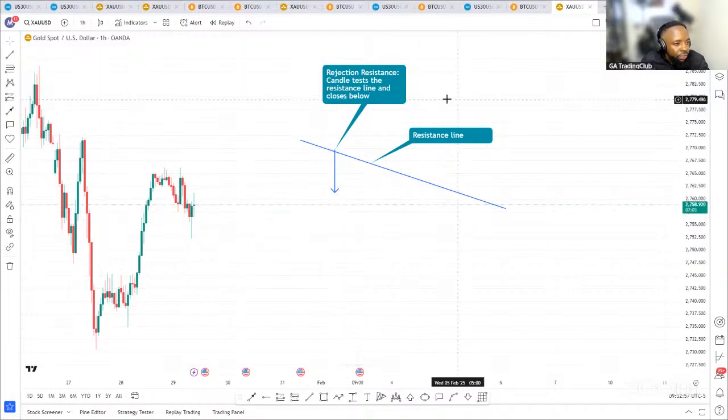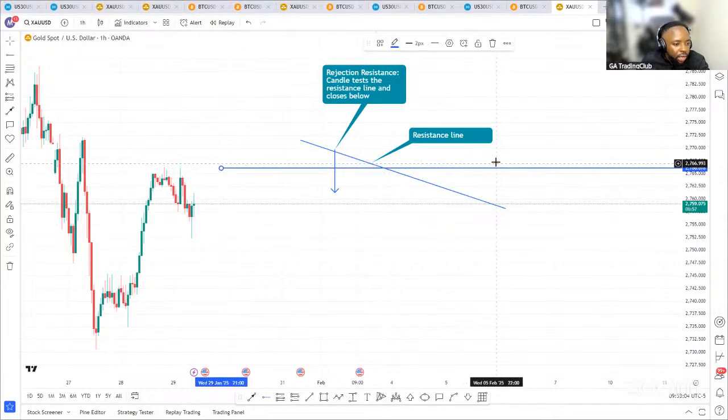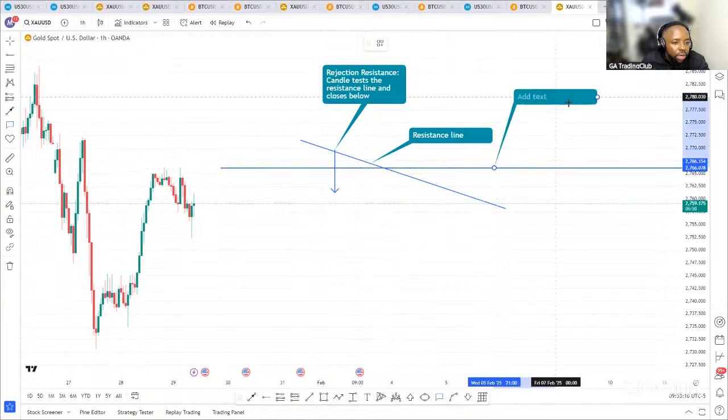And this is for sales. And then the other one you'd be looking for is an SAR line, like something like that. So this one would be like a sell SAR.